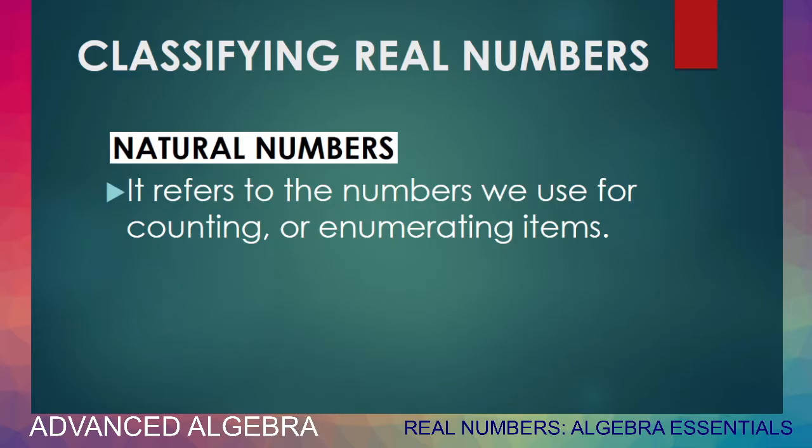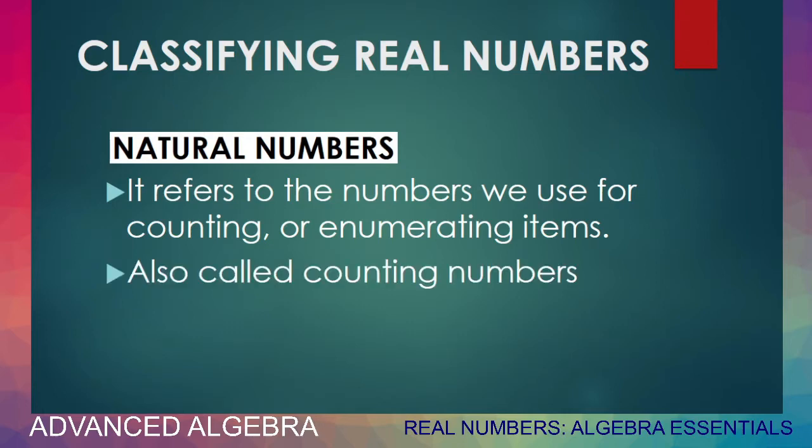So, natural numbers, it refers to the numbers we use for counting or enumerating items. So, example, also called counting numbers. Example is 1, 2, 3, 4, 5, 6, then ellipsis. So, ibig sabihin, kapag sinabing natural numbers, ito yung mga numbers na whole number except 0.